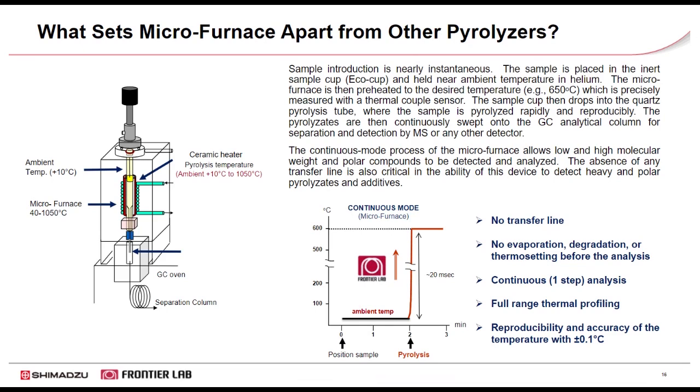The pyrolysates are then directly swept onto the GC column for separation and detection by your MS. Low and high molecular weight and polar compounds can be detected and analyzed by directly depositing all pyrolysates on column in a single step for a continuous mode analysis. The microfurnace also guarantees reproducibility and accuracy of the temperature within plus or minus 0.1 degrees Celsius.